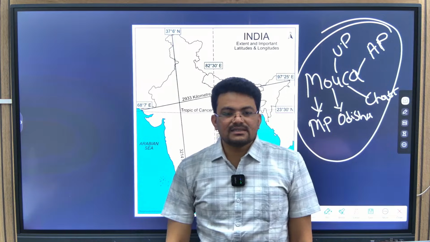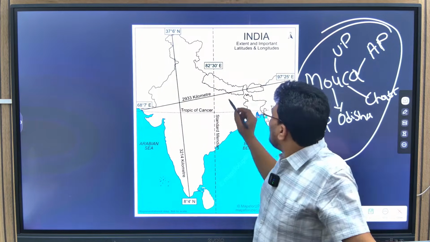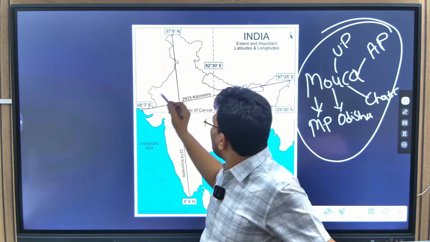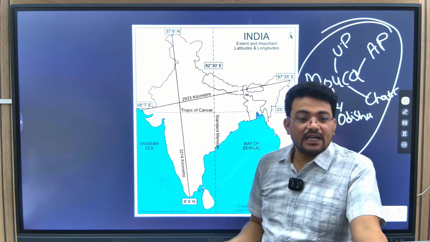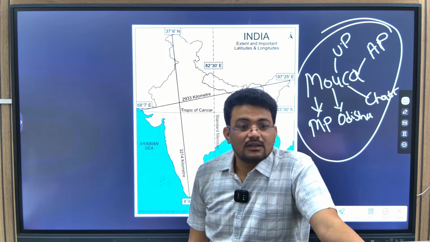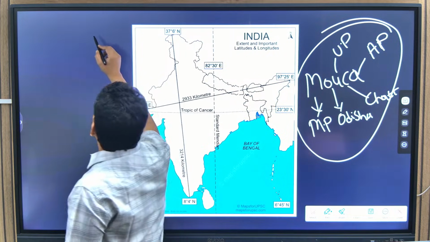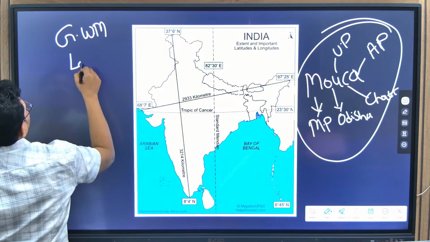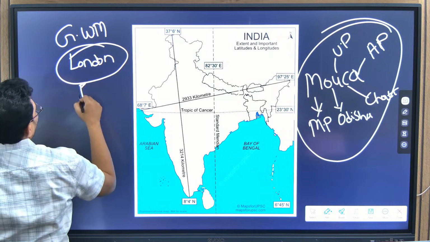This is 82.5 degrees. Now see, why have we taken 82.5 degrees only? Why not some other here or somewhere else? The Greenwich meridian in London is the global standard time.